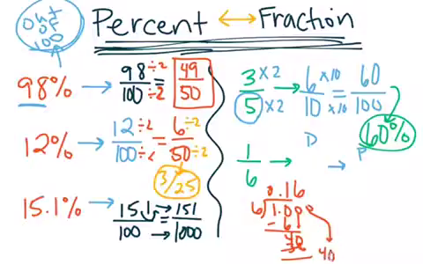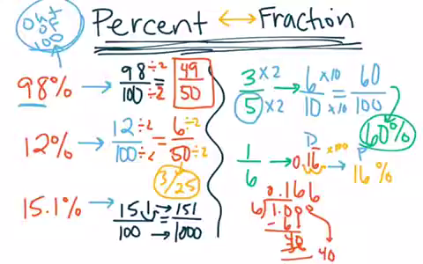Bring that down. We get another 6. So that's going to tell me that my decimal is equal to 0.16 repeating. When I go to change a decimal to a percent, I am actually multiplying it by 100, but the shortcut is to move the decimal point 2 spaces to the right. So my percent would be 16%.